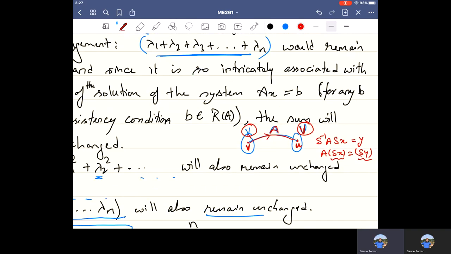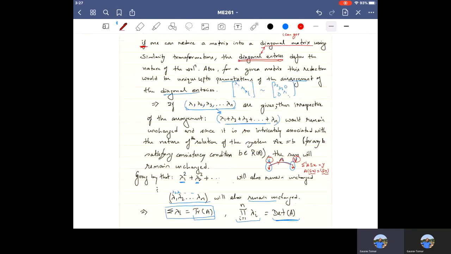The nature of mapping will not change, right? This is the meaning of similarity transformation. Under such a transformation, some basic properties of the mapping should remain the same, which are defined by these diagonal entries. So you say trace of A remains unchanged, determinant of A remains unchanged.